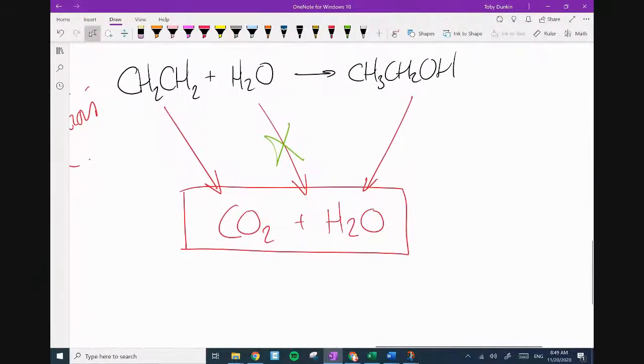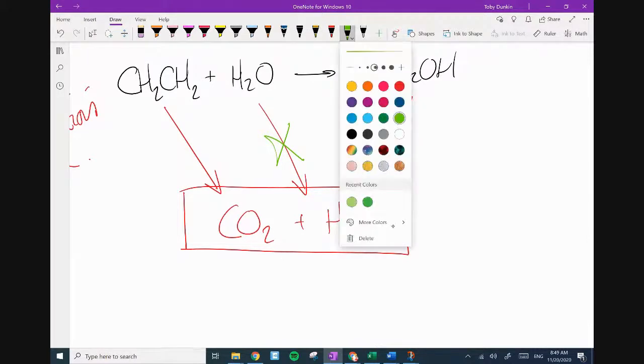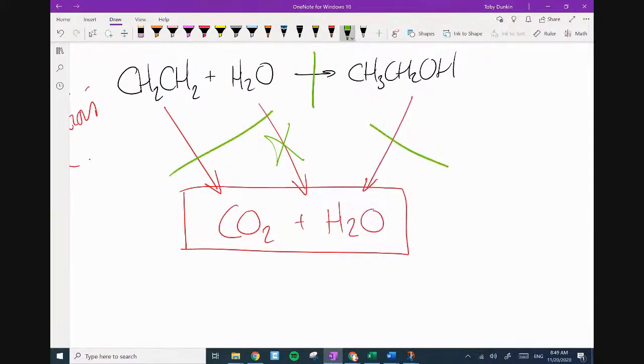We then, of course, need to balance it 3 ways. So on this side, 2 carbons, 2 carbons. On hydrogens, 6 hydrogens, 6 hydrogens.